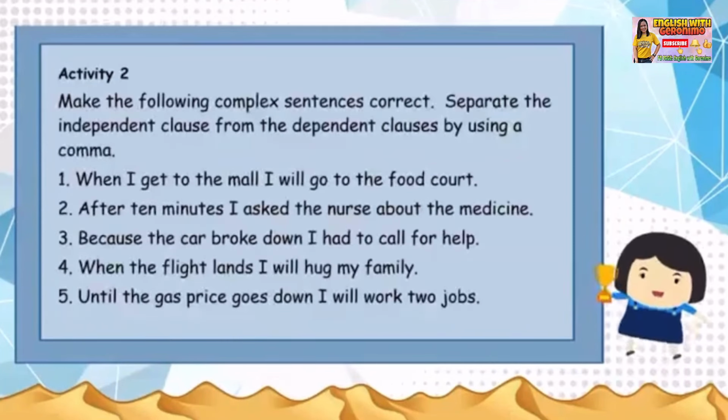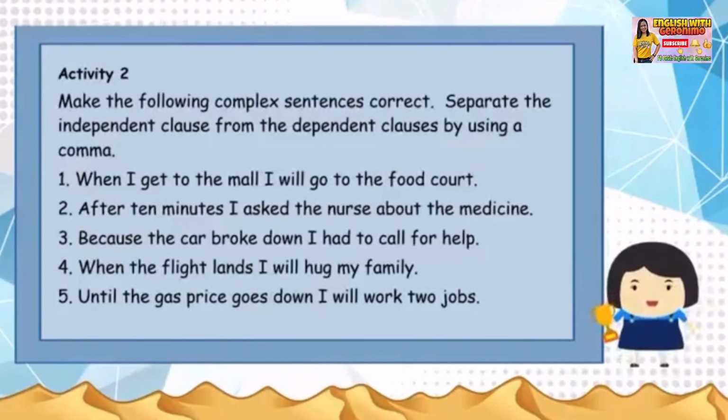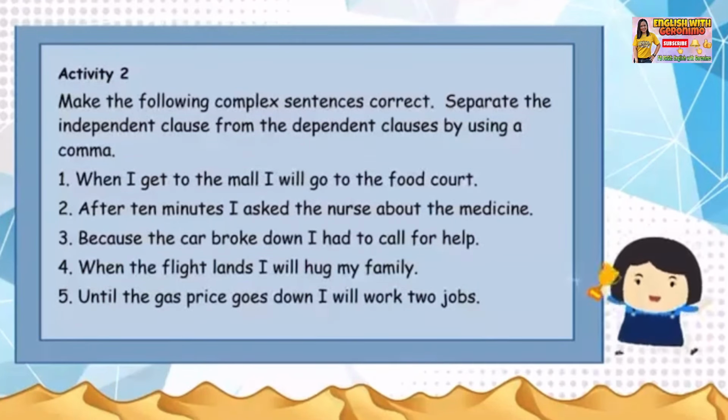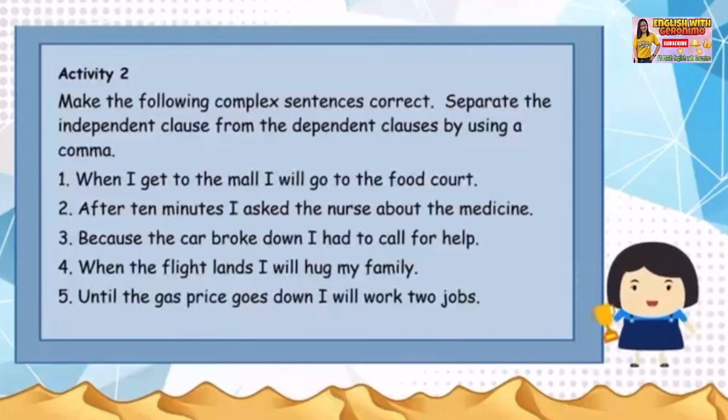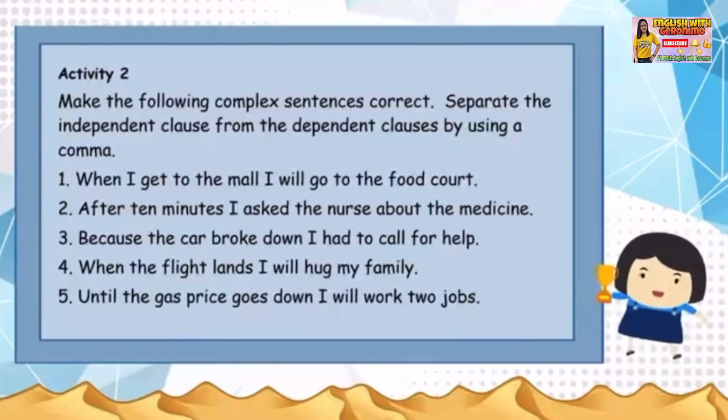Next, activity number 2. Make the following complex sentences correct. Separate the independent clause from the dependent clauses by using a comma. Begin.